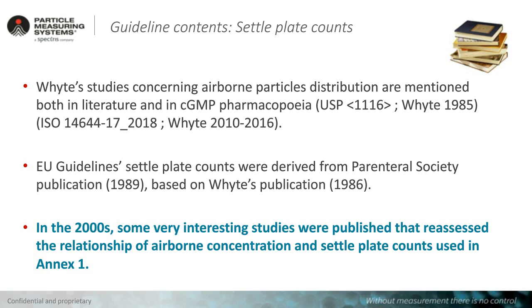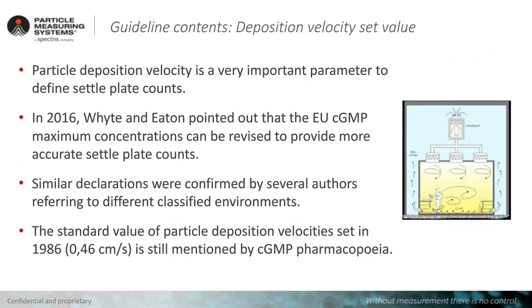But please understand that in the 2000s, around 15 years later, some interesting studies were published that reassessed the relationship between airborne concentration and settle plates and even asked to change the approach. So what do we know? Particle deposition, and we are normally testing particle deposition with settle plates.